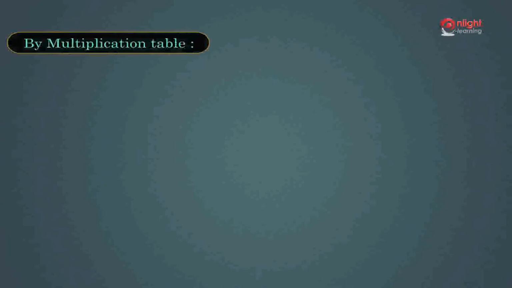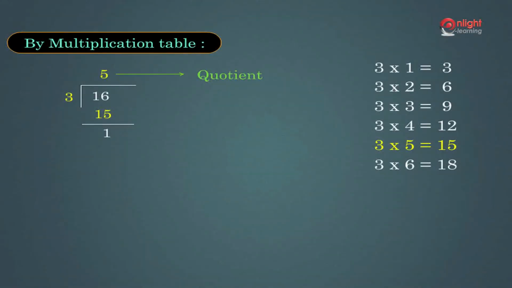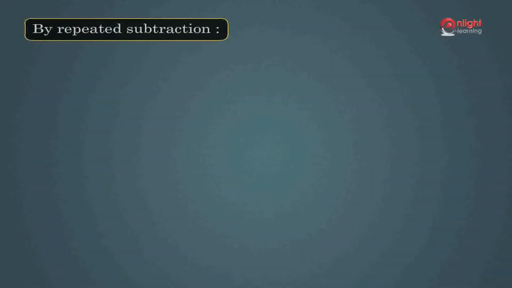By multiplication table, by repeated subtraction, 16 divided by 3. Subtract 3 from 16 till you reach a number less than 3.